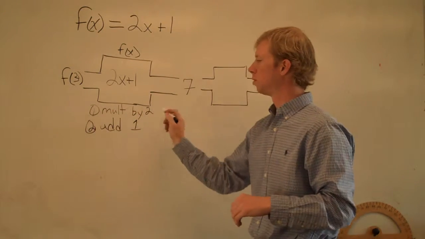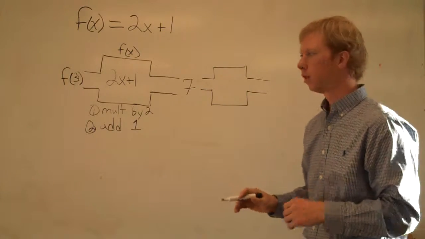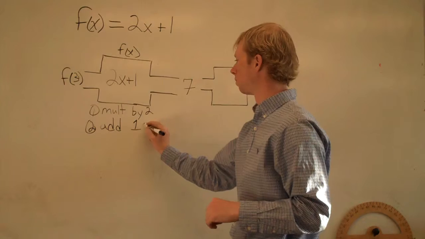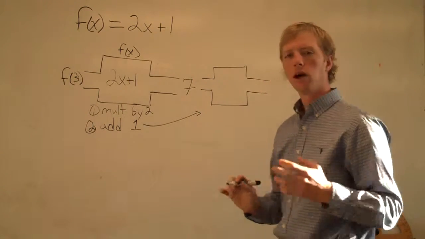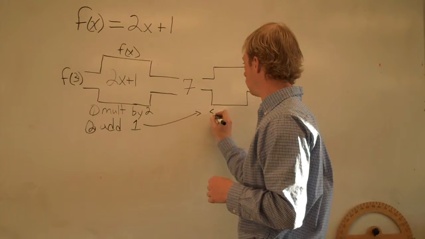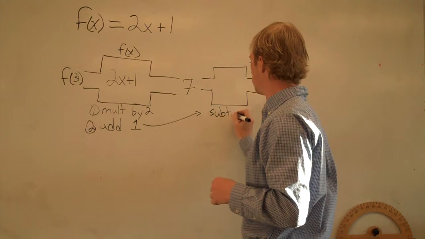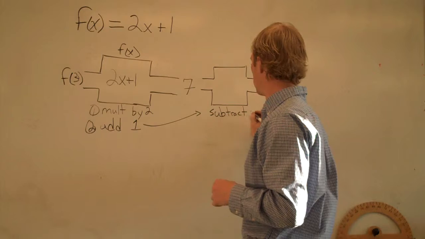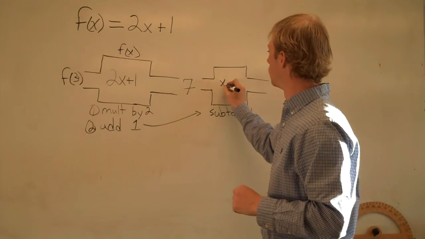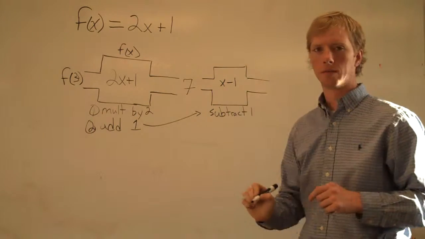So if I started with multiplying by 2 and then added 1, the first thing I'm going to try and undo is this add 1. We all know that to undo an add 1, we subtract 1. So the first thing I'm going to do is x minus 1.